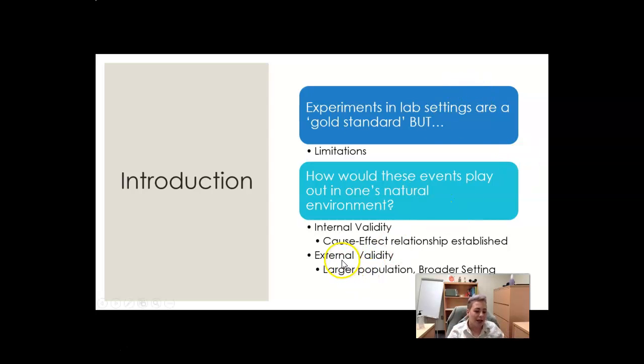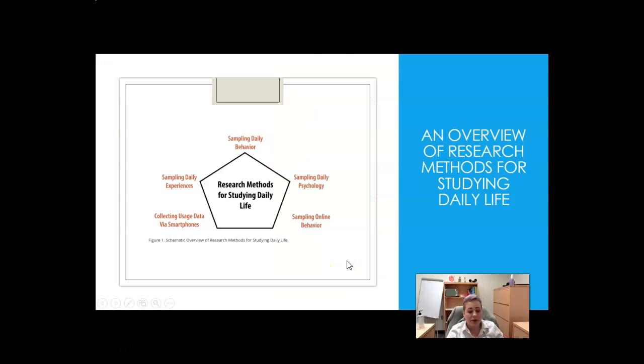So how does that external validity expand to a broader setting? With an overview of research methods for studying daily life, if we wanted to study people's everyday behaviors, I've included slides on these, but I'm just going to talk about them as they're listed in this picture. We can sample their daily behavior.